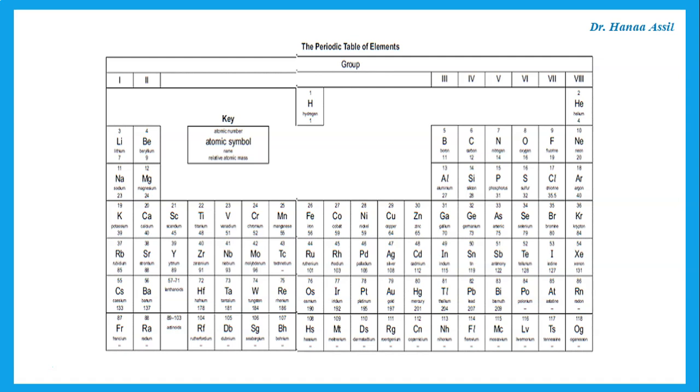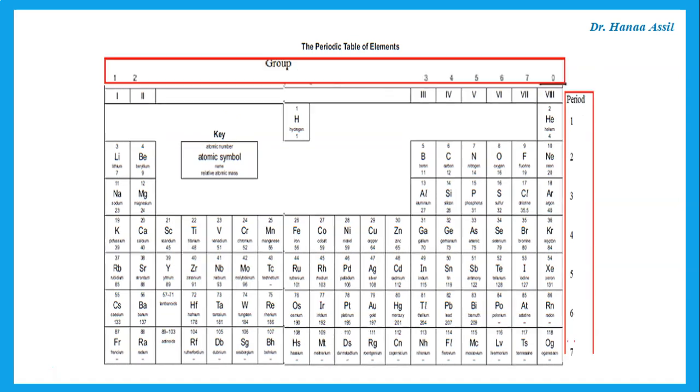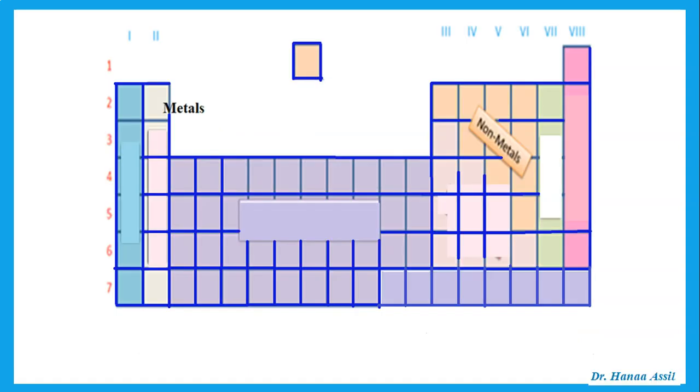Periodic table, please notice the periodic table. The vertical columns are called groups and the horizontal rows are called periods. The number of the group is the same as the number of electrons in the outer shell, while the number of the period is the same as the number of shells or energy levels.